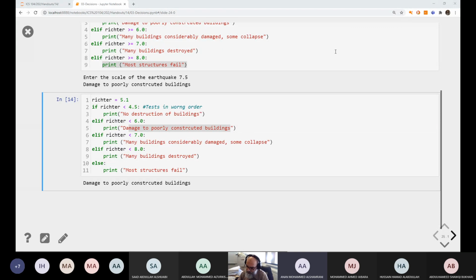I should begin with the 8, not with the 4.5? No, you can still start with the 4.5, but you cannot use greater than or equal. You should use less than. It's the same idea as with the elif. Okay, thank you, doctor.